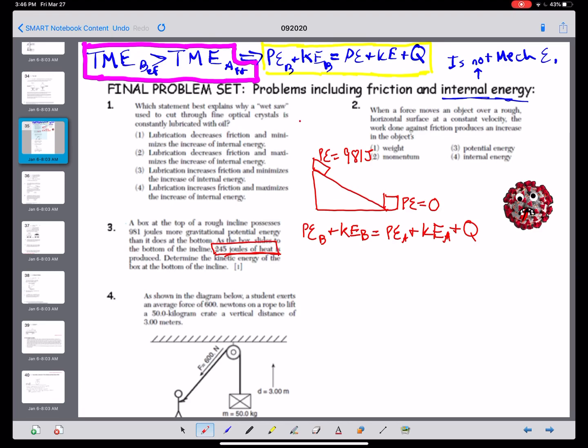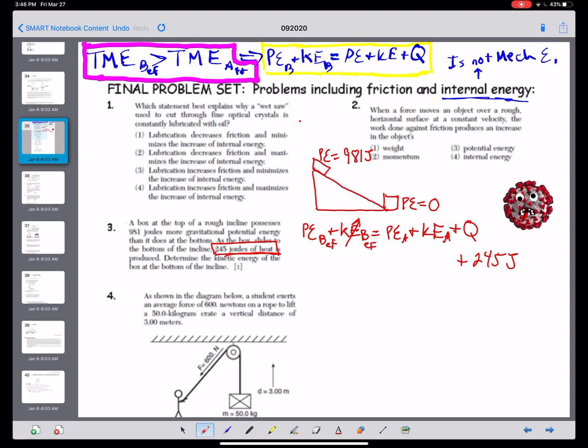That's your Q. I'm going to put that in right here, 245 joules. Now, it also said that the box at the top of the incline had PE. Well, we'll assume it starts from rest. They didn't say that, but we'll make it an assumption. So these B's are not bottom. These are before.